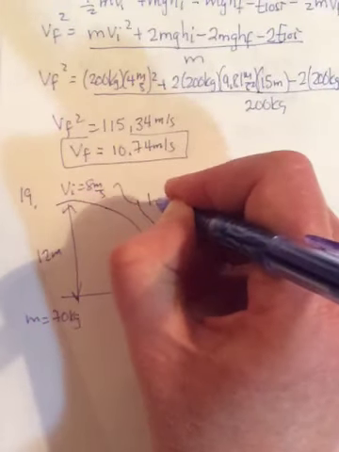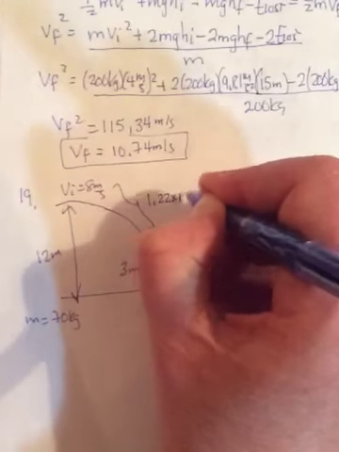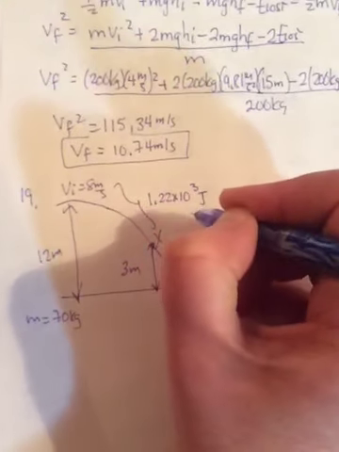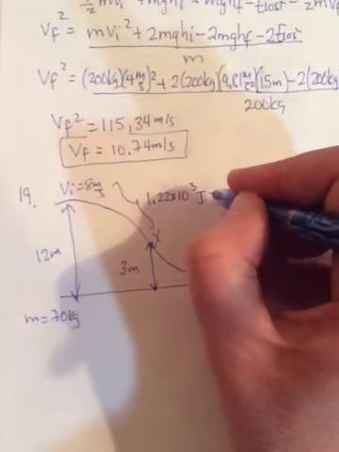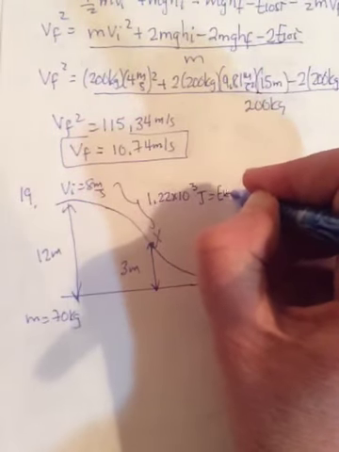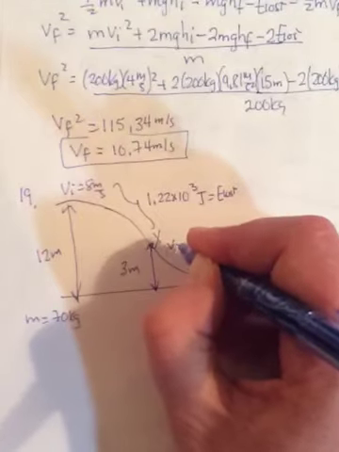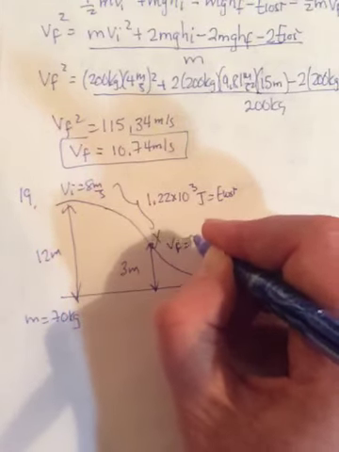So there's 1.22 times 10 to the third joules of work done by friction on the snow on the way down. In other words, this is your E lost. And it wants to know what's the speed here.